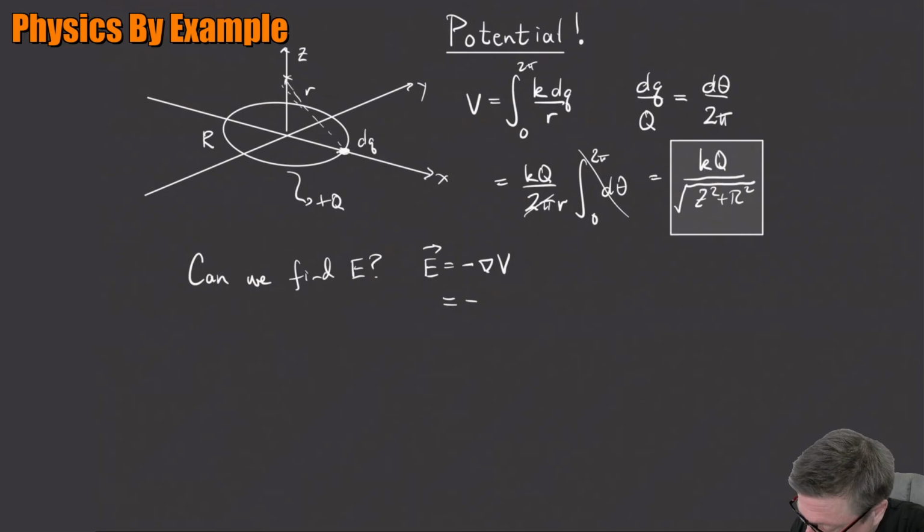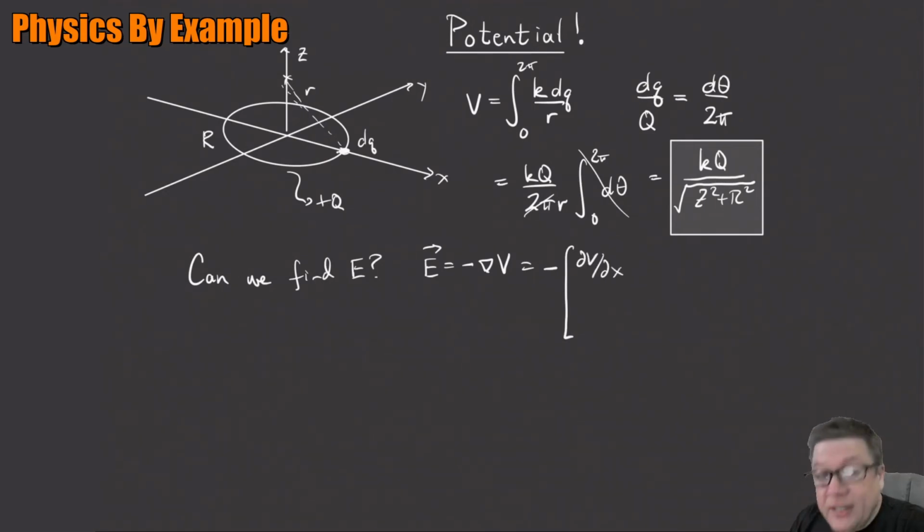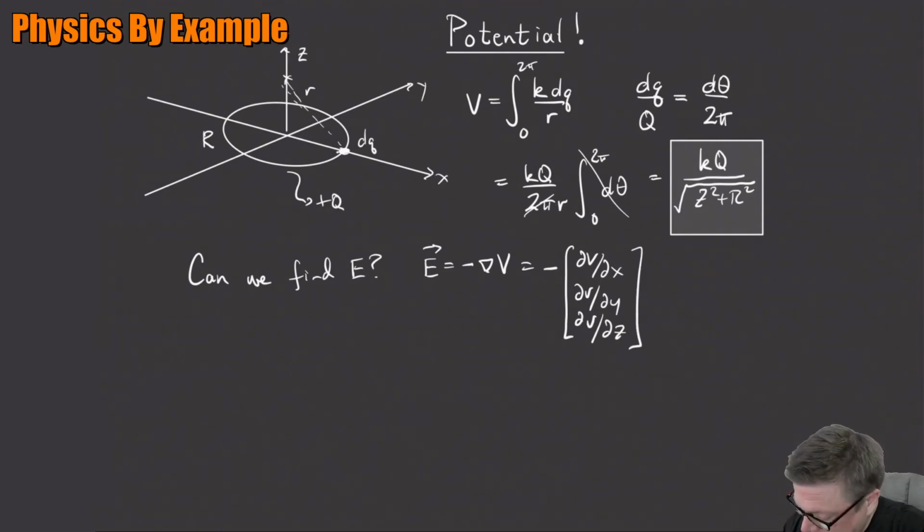It's minus, and then partial V with respect to x in the i slot, partial V with respect to y, and partial V with respect to z. There we go. So that's the gradient.